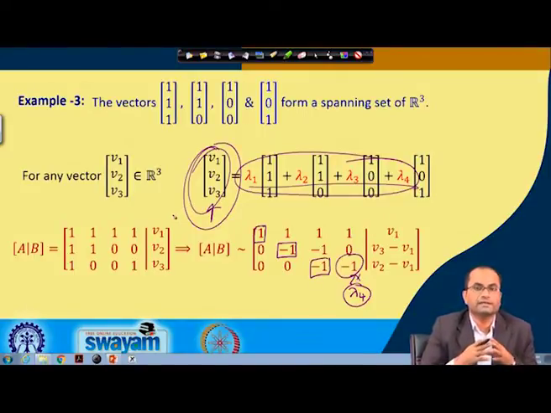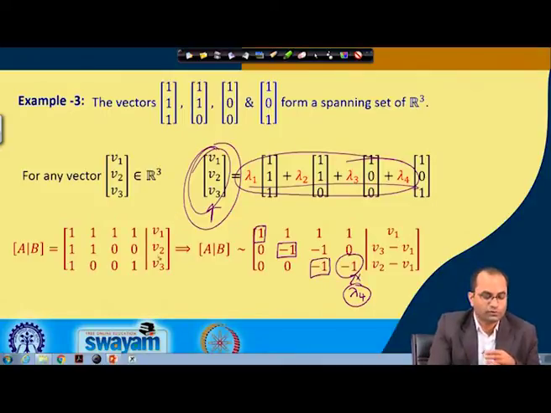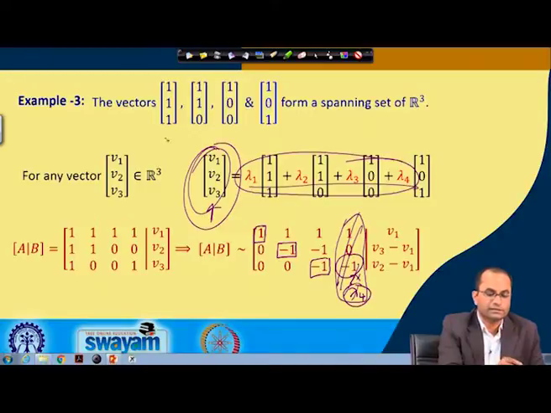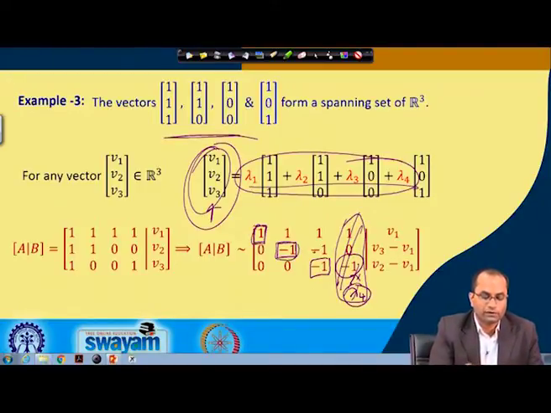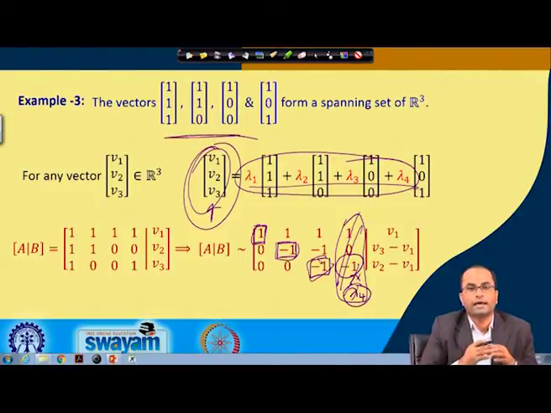In the earlier cases, one can closely observe when doing the echelon form, every column will have a pivot, equal to the number of unknowns, the number of lambdas, and we will get a unique representation.